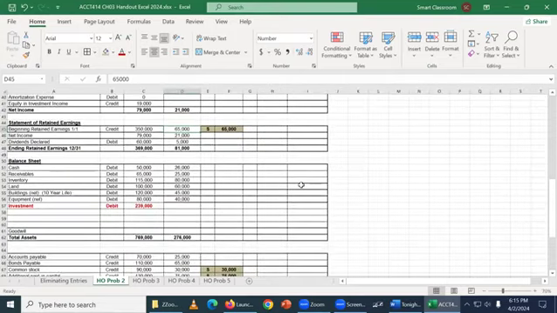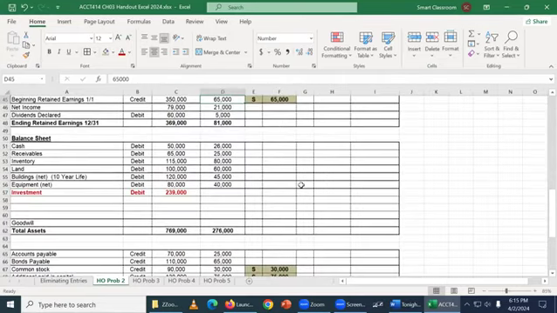Okay, so let's see if we can. All right, so we're going to come down here to our investment, and take out our stock. It's going to be all those together.